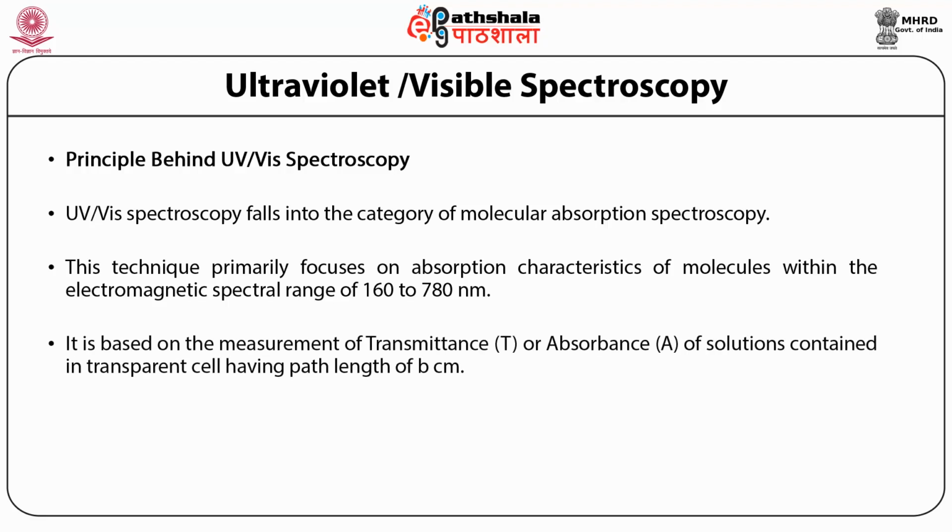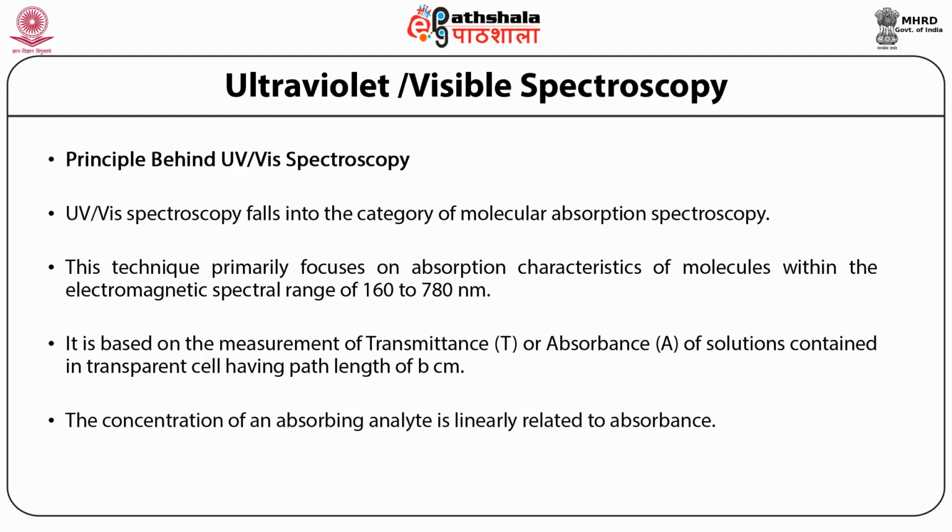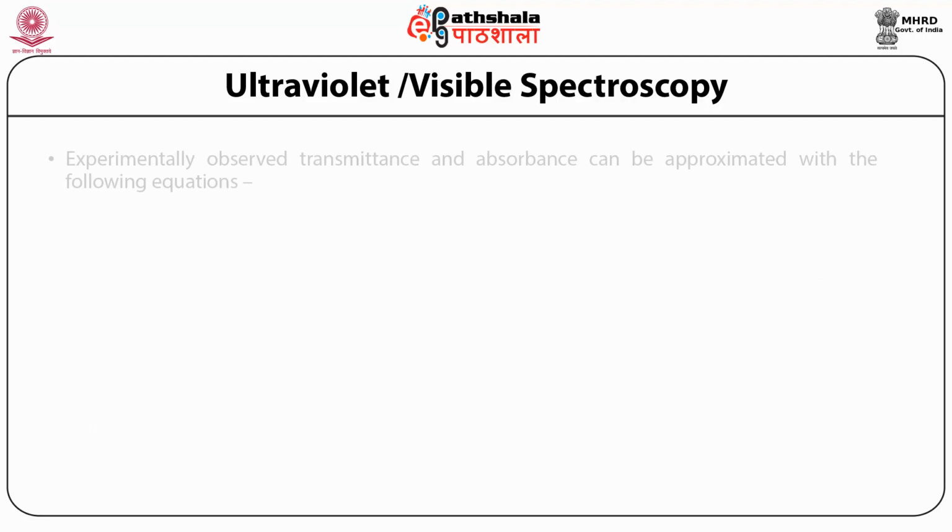It is based on the measurement of transmittance or absorbance A of solutions contained in a transparent cell having path length of b centimeter. The concentration of an absorbing analyte is linearly related to the absorbance.